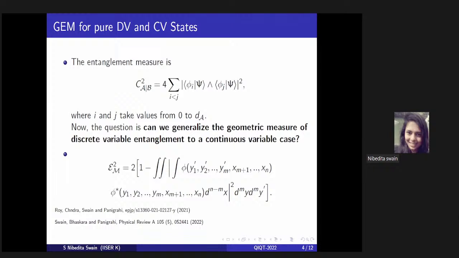We then express the condition of separability by using the extension of the notion of the wedge product, and we derive the geometric measure of entanglement by using the extension of the Lagrange identity for the continuous variable case.